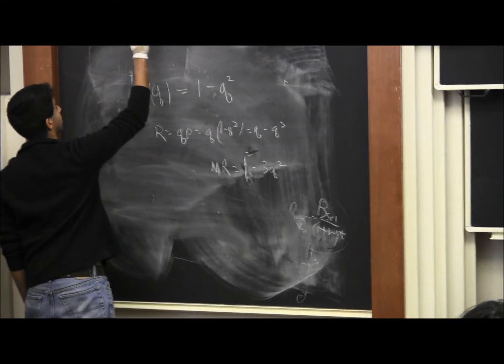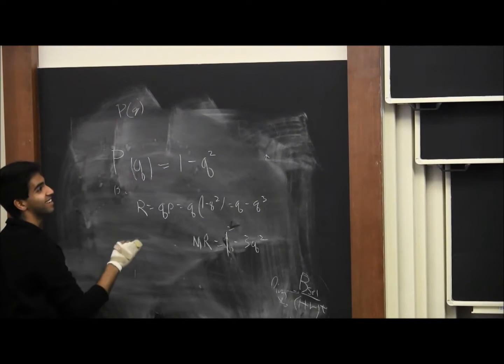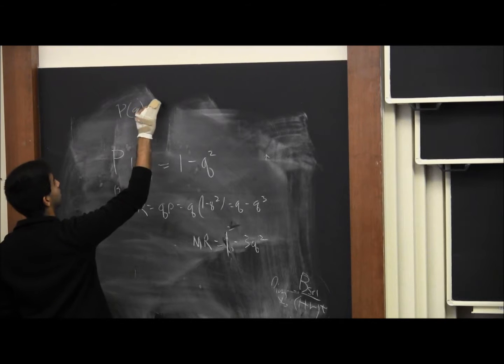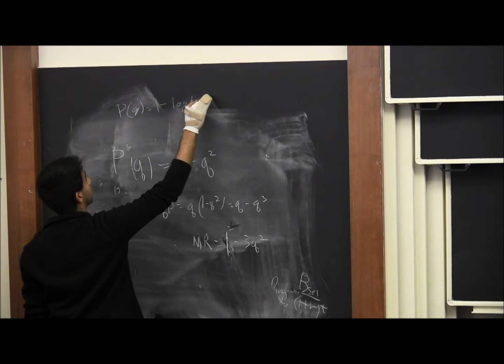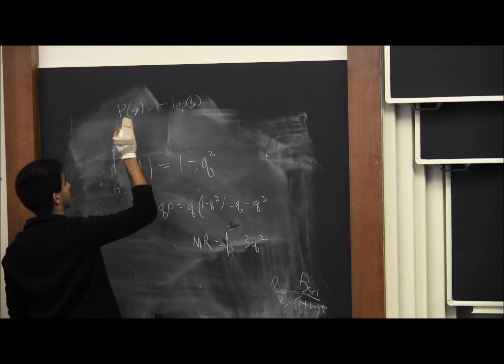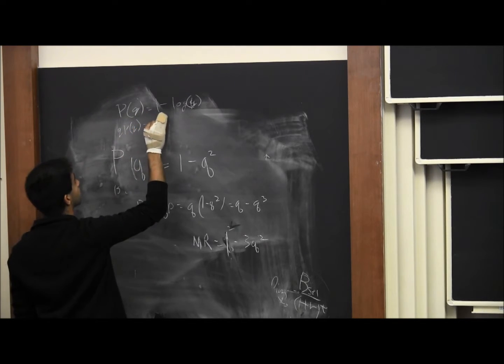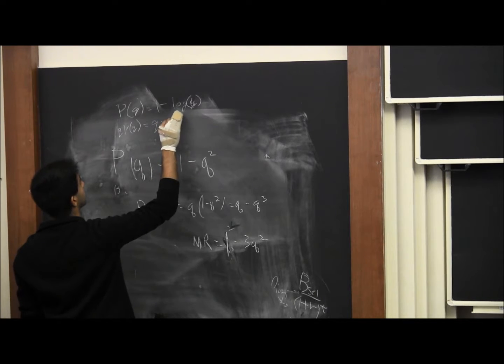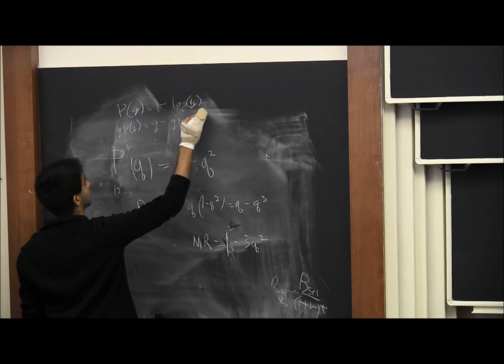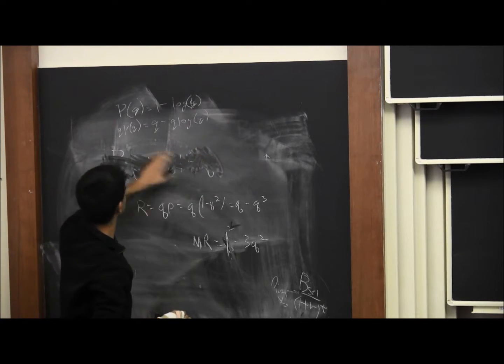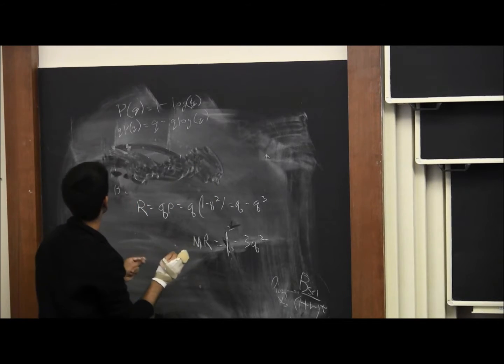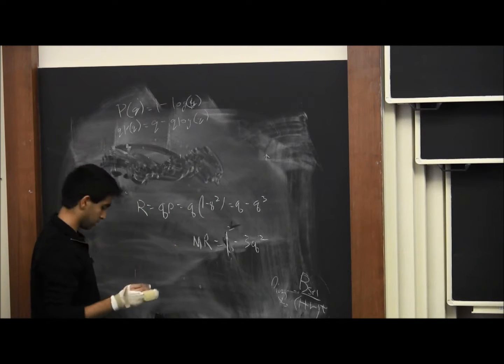P of Q was 1 minus log Q. So you've got Q times P equals Q minus Q log Q. Can I erase this part? Yeah.